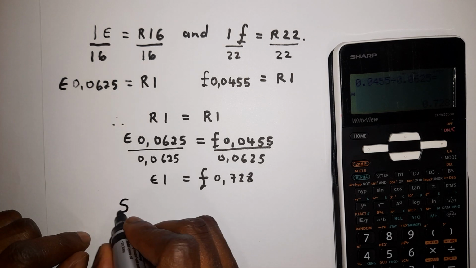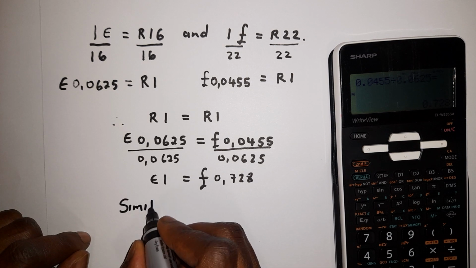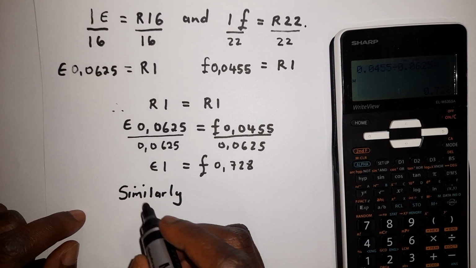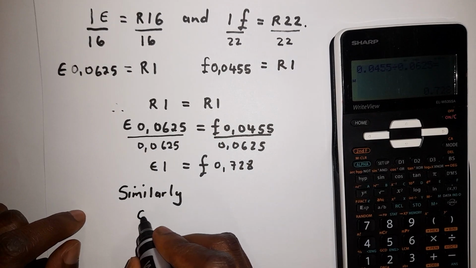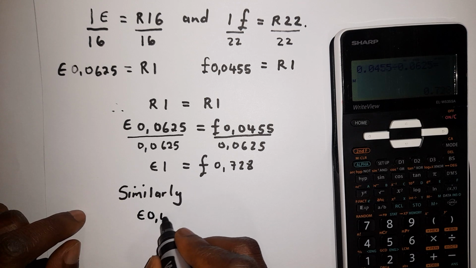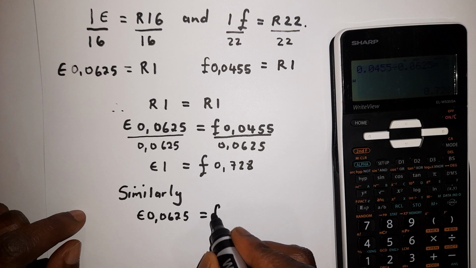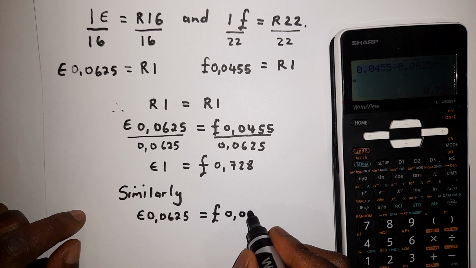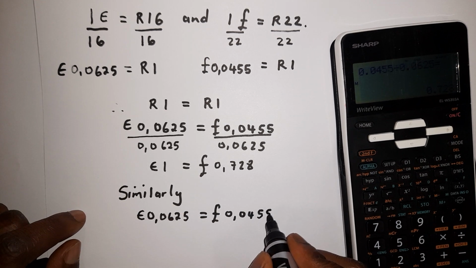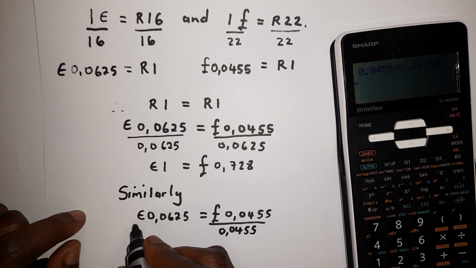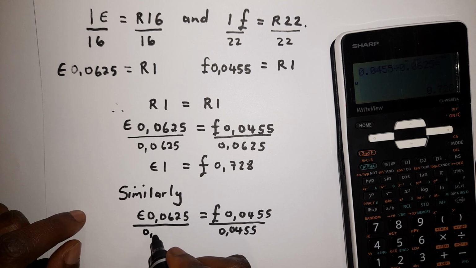And similarly, if you want to know now in terms of pounds, you can just start right here. A euro is 0.0625, and a pound is 0.0455. In this case, you can divide by 0.0455. You do the same this side, 0.0455.